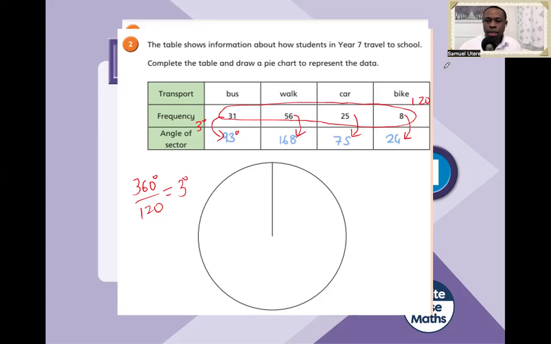Okay, so you can see why 56 times 3 degrees will be equal to 168 degrees. 25 times 3 degrees will be equal to 75 degrees. 8 times 3 degrees will be equal to 24 degrees. So you have all the degrees that you can now draw in the pie chart. When you finish, you can label parts of the pie chart with their corresponding labels. I like this method. It's important because it's consistent. You can use it again and again and again.